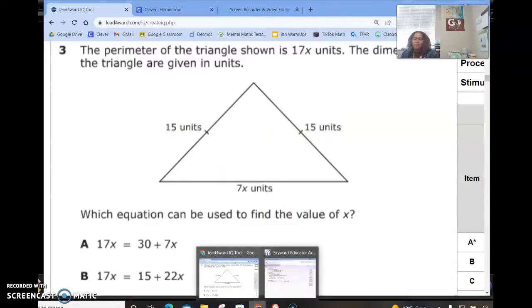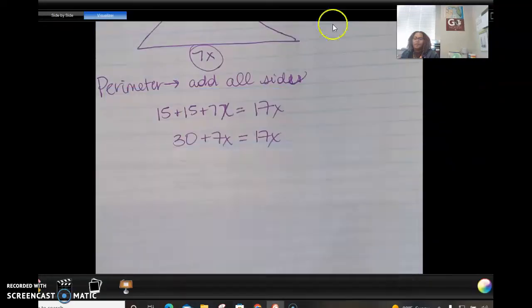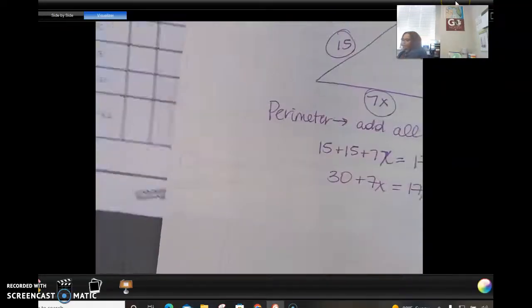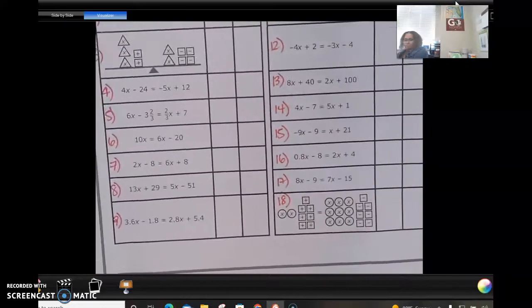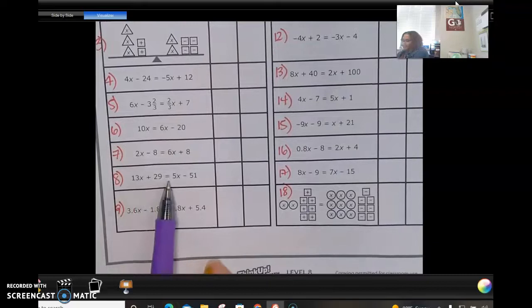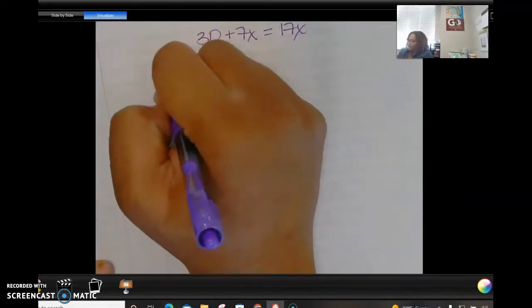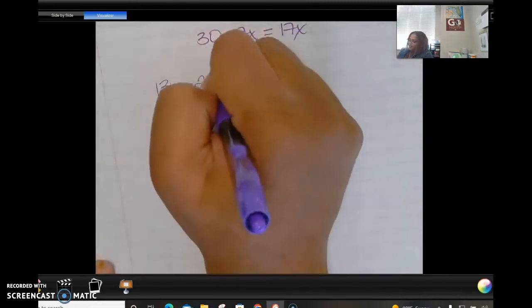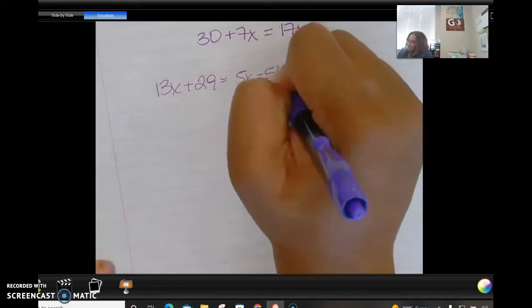All right, let's go over one more on your homework. What's another number that was challenging for y'all? Number 8. 13x plus 29 equals 5x minus 51.